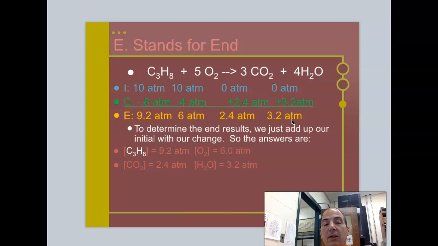Now you could even more easily see that oxygen is going to be the limiting reactant, because even though we started with equal amounts, I now have significantly less oxygen at this point. So we're going to be using these ice tables a bit as we do stoichiometry.